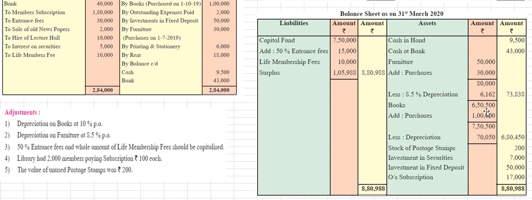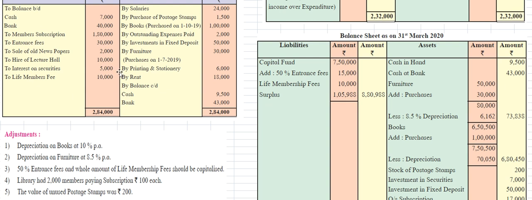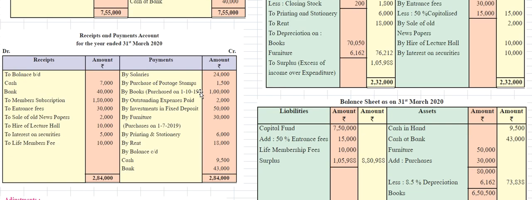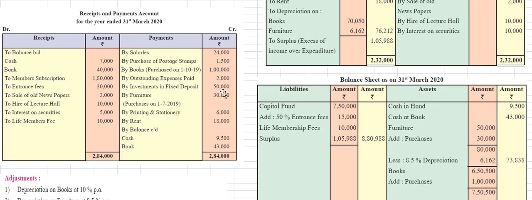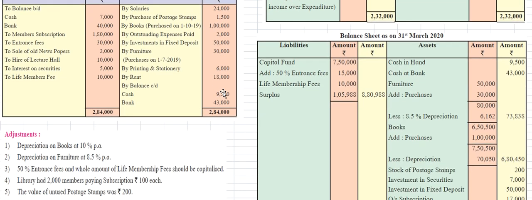And books also it is the same. Books it is 1 lakh plus 1 lakh plus 6 lakhs, 50,500. So the depreciation amount is 70,050, so the total amount is 6,850 rupees.